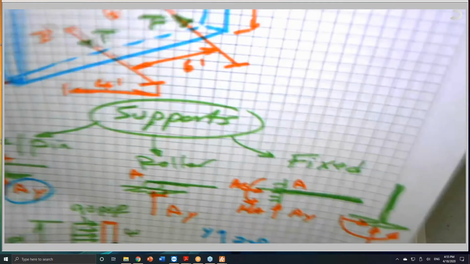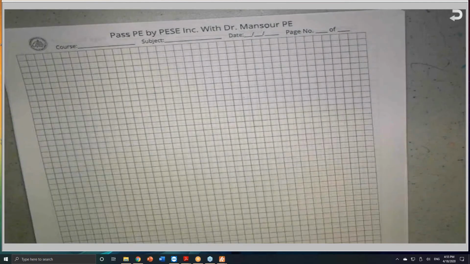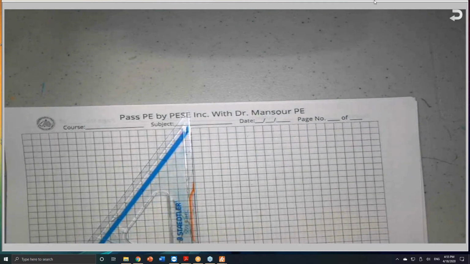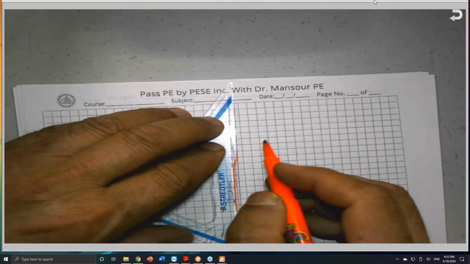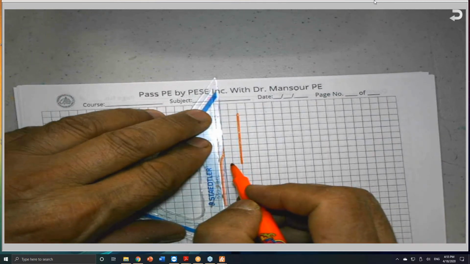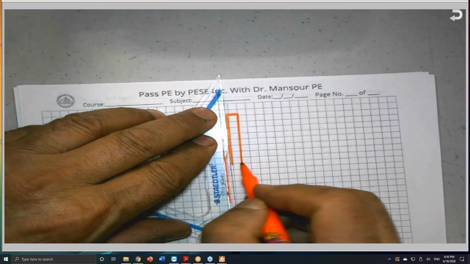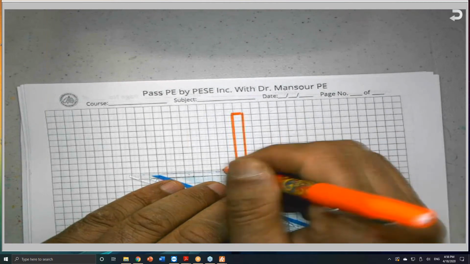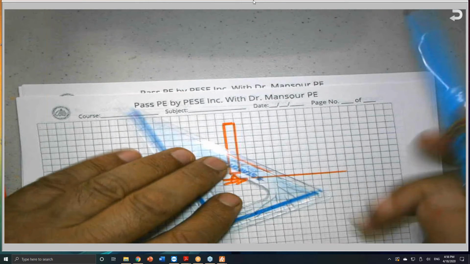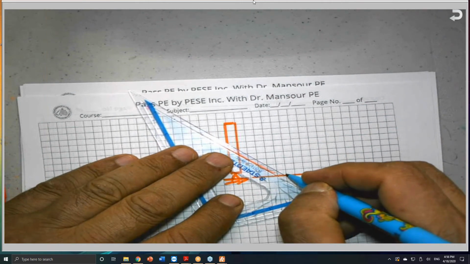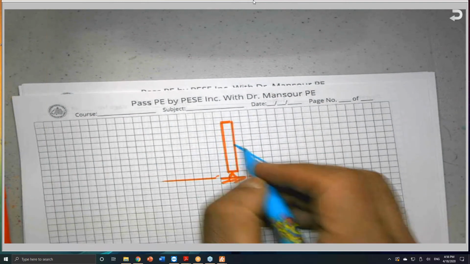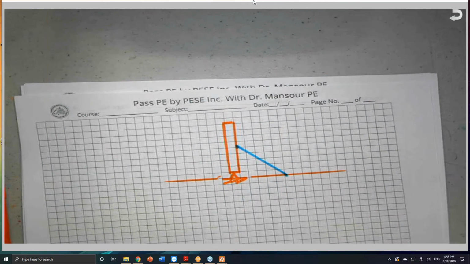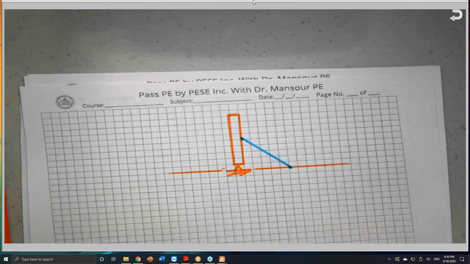So in this case, we will take the distributed load acting on the billboard and convert it to a concentrated load.